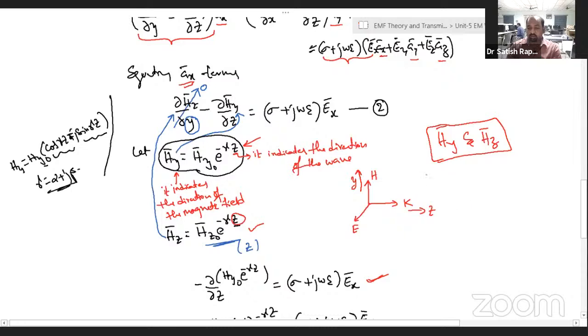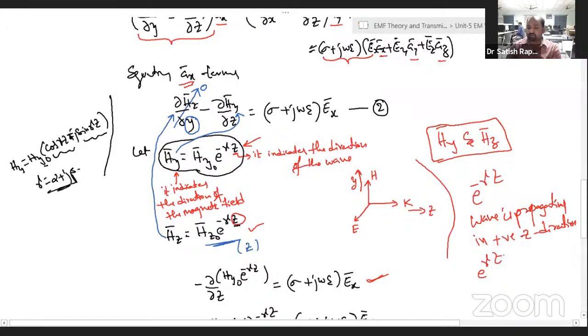E power minus gamma z, in the sense the wave is propagating in the positive z direction.